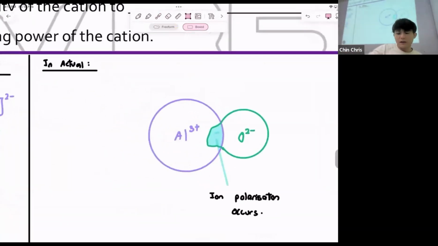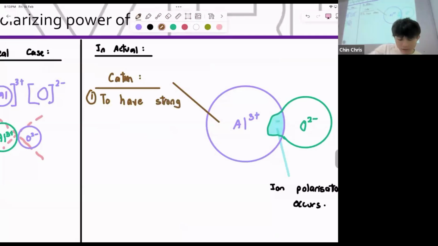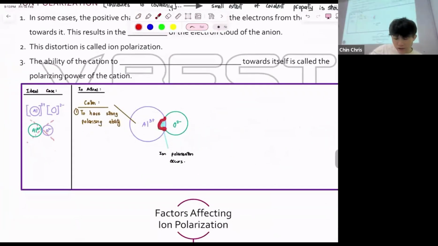Okay, don't worry, let me talk about it. So in order for ion polarization to occur, my cation must have a strong polarizing ability, understand? Strong polarizing ability means the ability to pull the anion electron cloud.